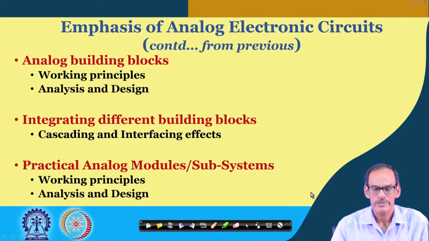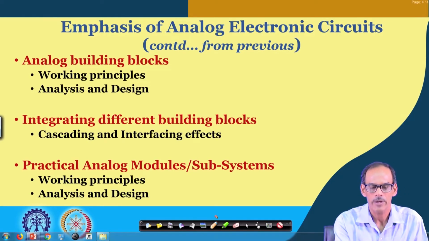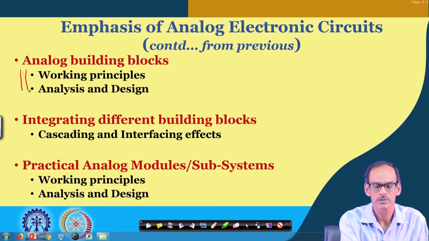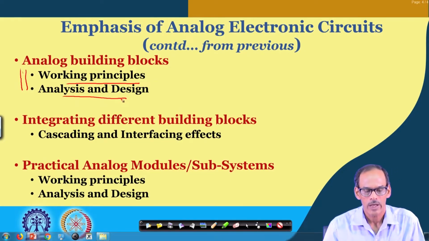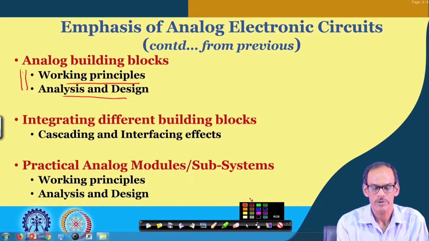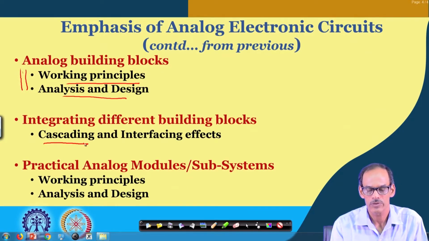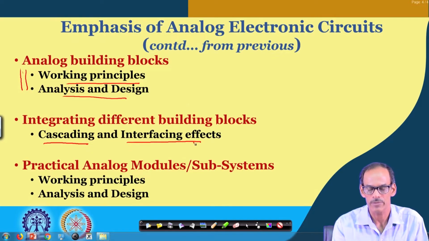What is the emphasis we said we will be giving in this course, namely the building blocks of analog circuits, their working principle, and analysis and design of those building blocks. And then while we are integrating different building blocks to construct relatively bigger circuits, namely if we cascade and cascode and so on, what are the interface effects that come there.